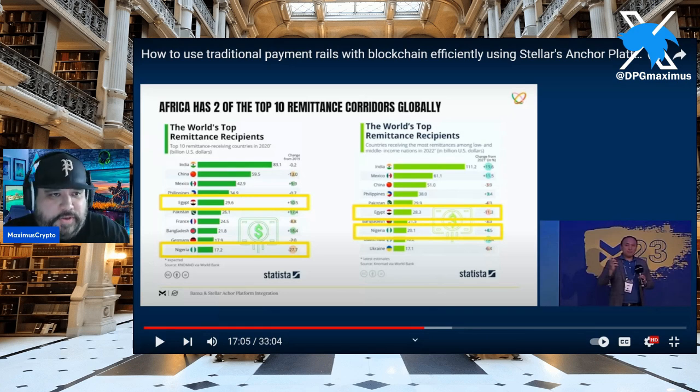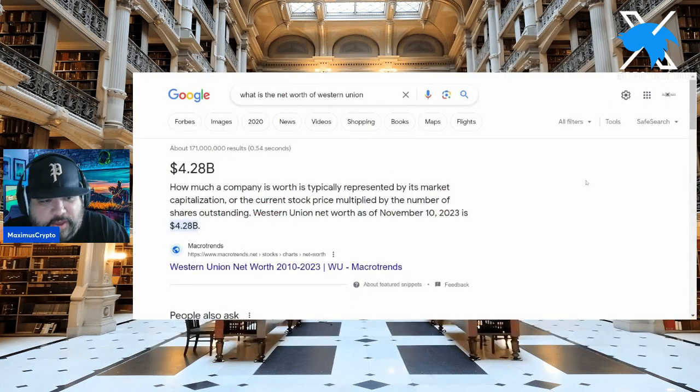And another thing I want you to take away is that how much a company is worth is typically represented by its market capitalization. But check this out in regards to Western Union. Did you know that as of November 10th, just 3 days ago, it was reported from Macro Trends that they have a net worth of $4.28 billion?